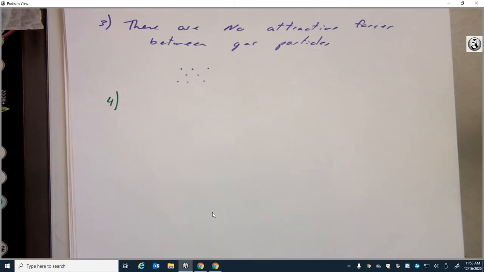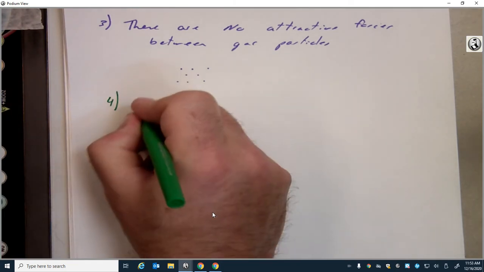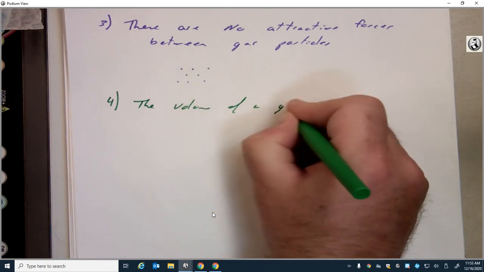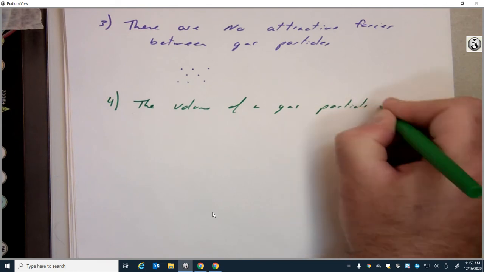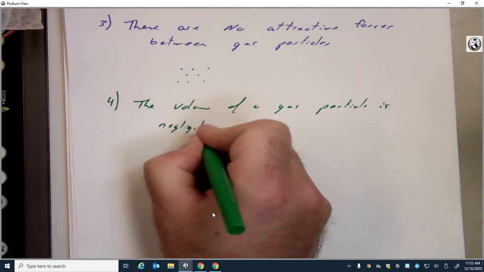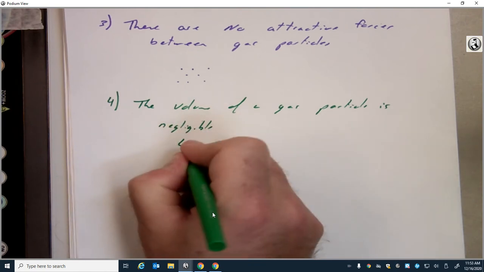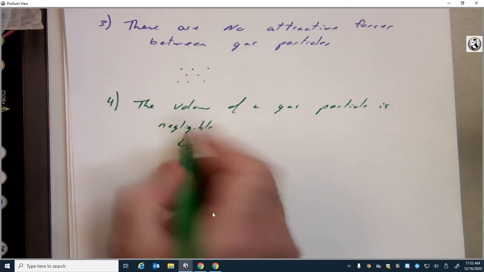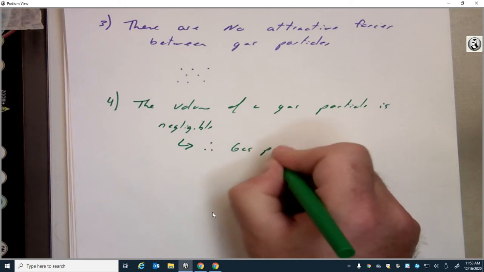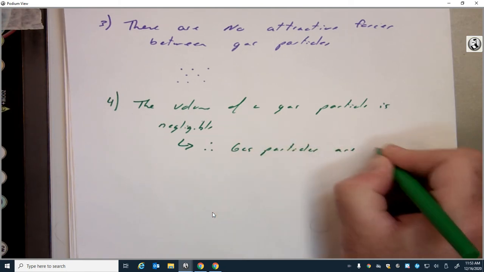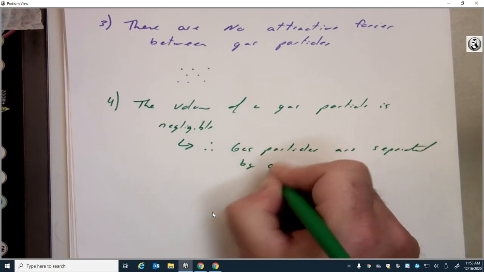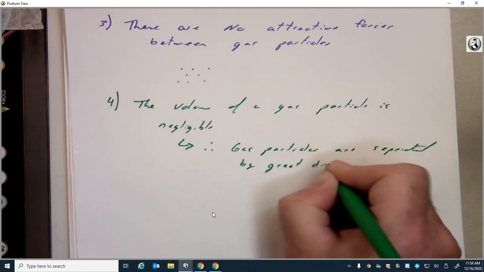And then finally, our fourth one, the volume of a gas particle is negligible, extremely small. Because of this, gas particles are separated by great distances.